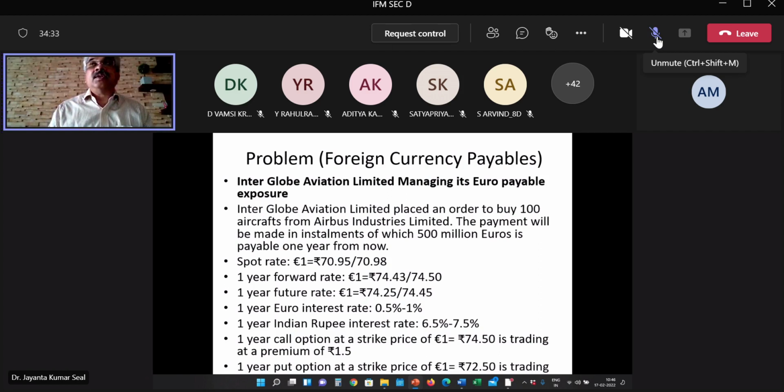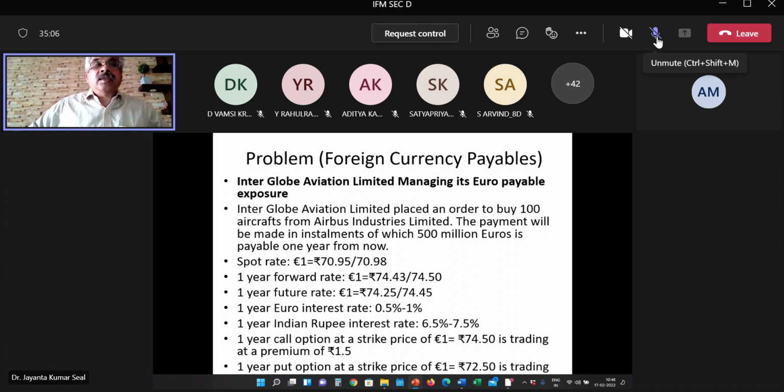Now, the question is which one to select? Every company has a treasury division, and though it is a cost center, everybody tries to make profit. So Indigo's treasury division will try to predict what could be the possible exchange rate after 1 year. Difficult to predict, but there are techniques with which you can try. If they find that it will be more than 73, of course forward is more profitable.